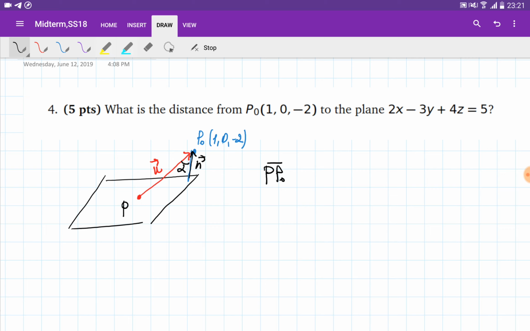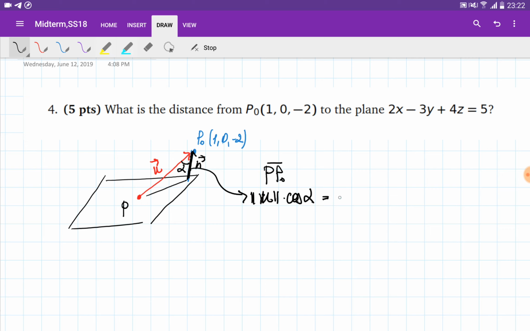So you can ask me why we need this angle. This is because the length of this vector is actually equal to the distance between the point and the plane. And I can find the length of this vector using the cosine of the angle, right? So u norm multiplied by the cosine of the angle, cosine of alpha, is going to be equal to the distance between the point and the plane.